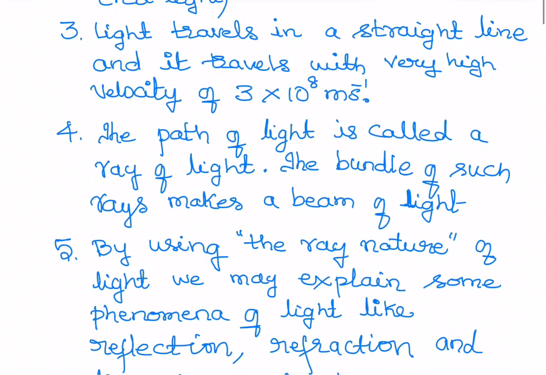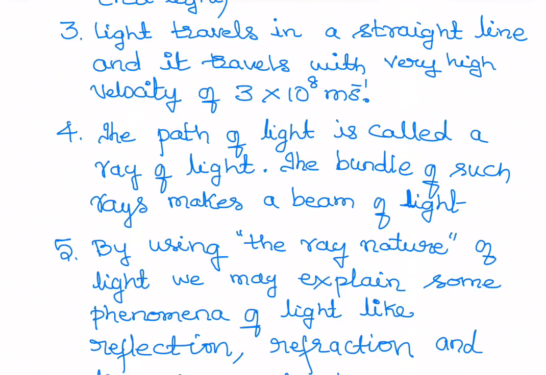The path of light, here we consider as a ray of light. Many rays of light moving in the same direction make a beam of light. The bundle of rays makes a beam of light.